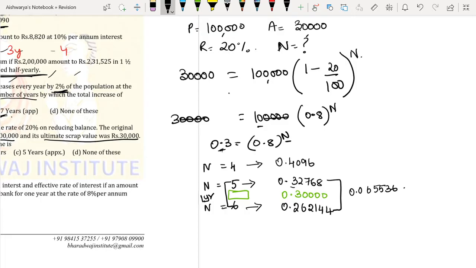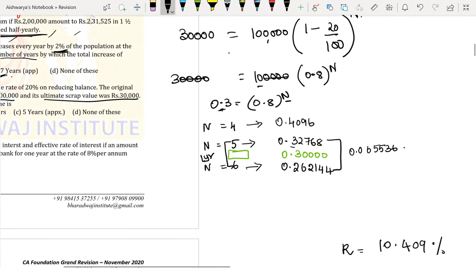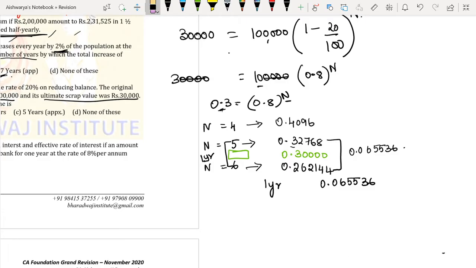Okay, so let us write down here, in 1 year the change was 0.065536. Now what is the change between these two? That you calculate. 0.02768.